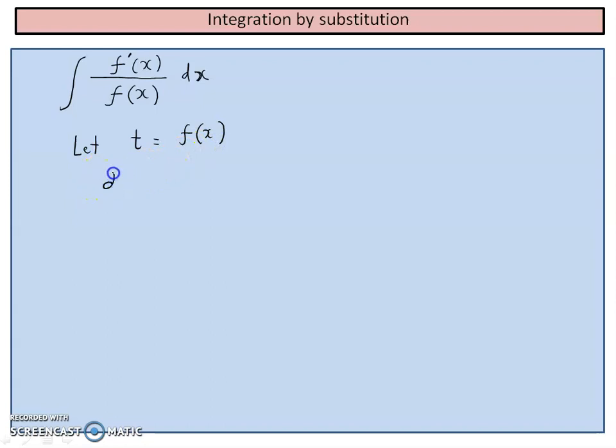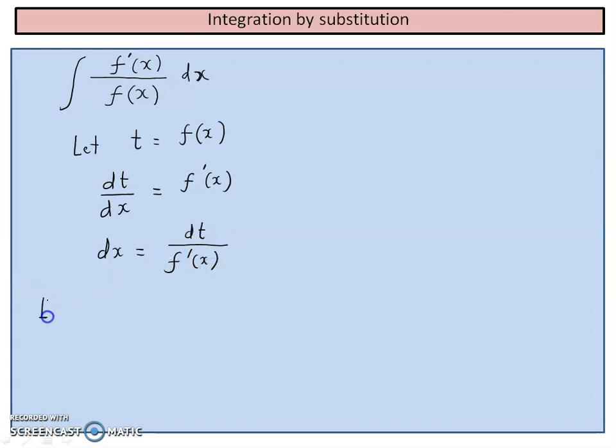Now dt by dx will be differentiation of fx with respect to x, which is nothing but f dash x. So dx becomes dt upon f dash x. समझ रहे?